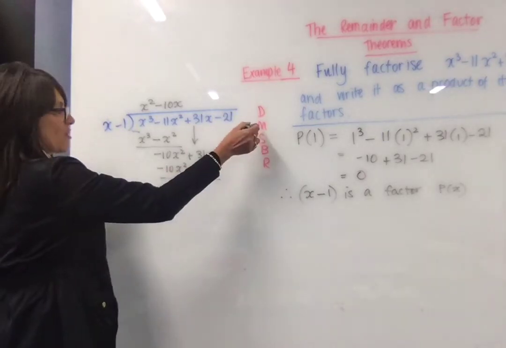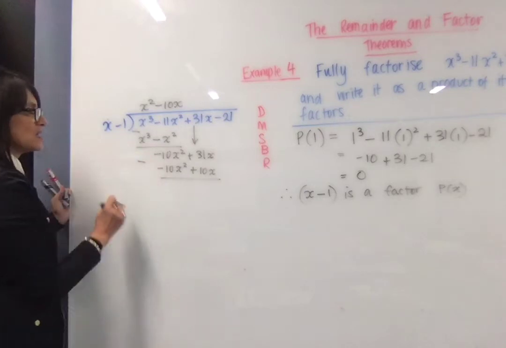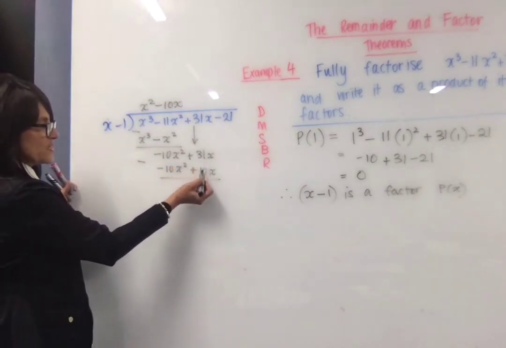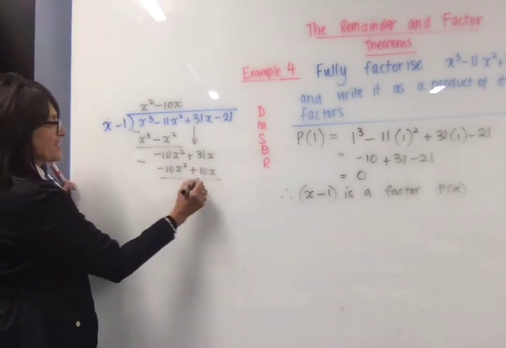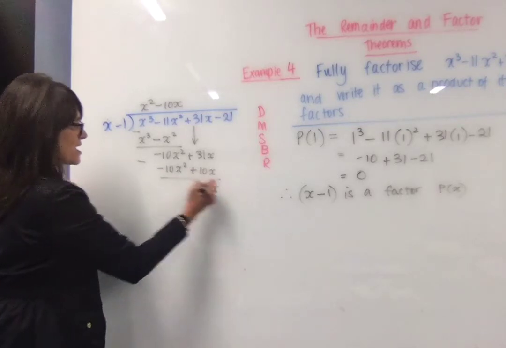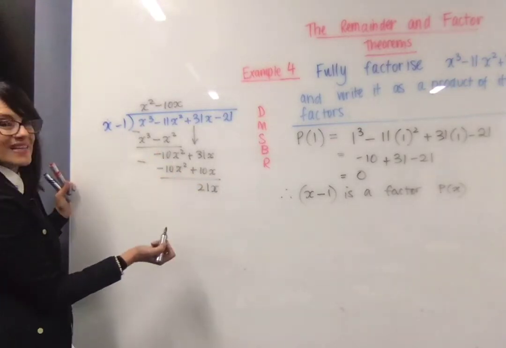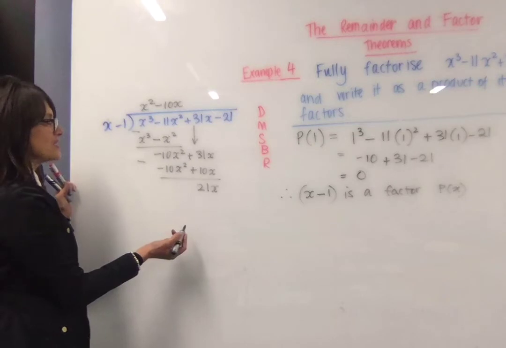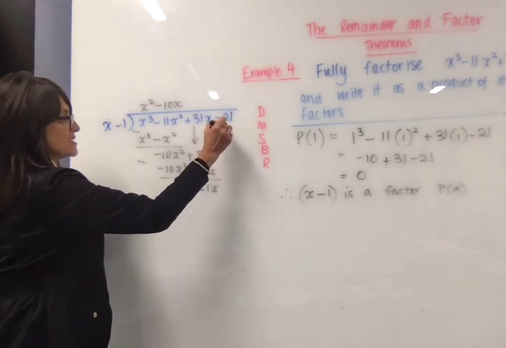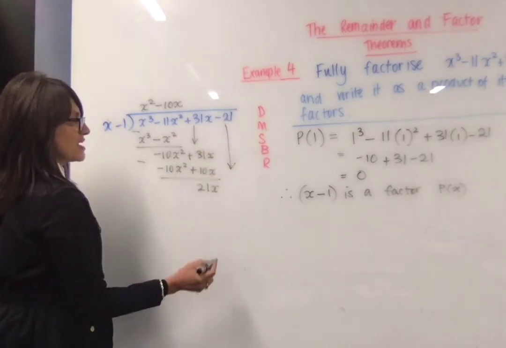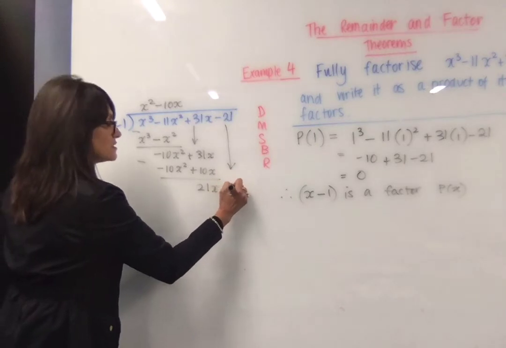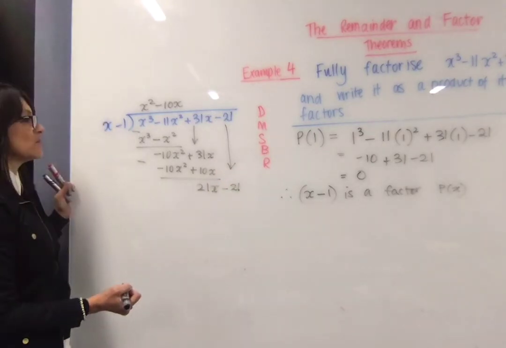Okay, after I've multiplied, I subtract. So let's subtract. 31x minus 10x is 21x. Negative 10x squared minus negative 10x squared is 0. I've subtracted. Next, I bring down my next term, which in this case is negative 21.